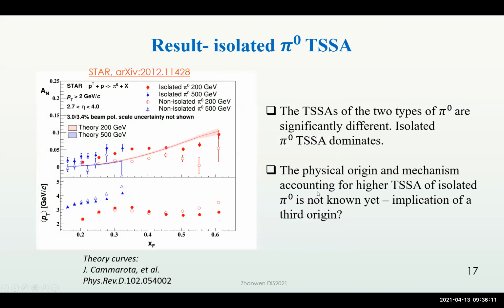Let's take a look at the isolated and non-isolated pions. The isolated ones clearly have higher AN, the solid points here. What we talked about before was the AN of the whole sample, whether isolated or not. Comparing to this, there should be two mechanisms for these two types of pions.